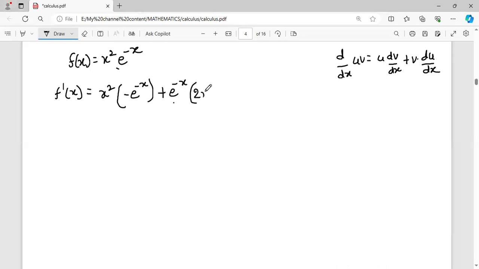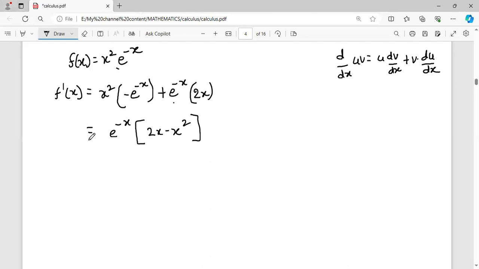That is 2x. So by the simplification, e power minus x is the common term. Then 2x minus x square. So it is the f dash of x.